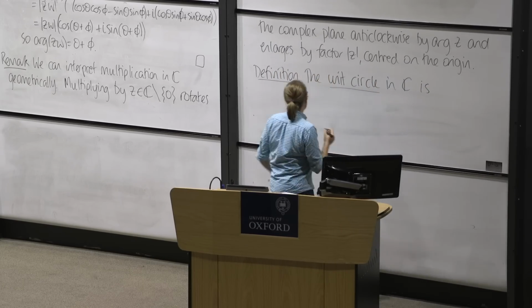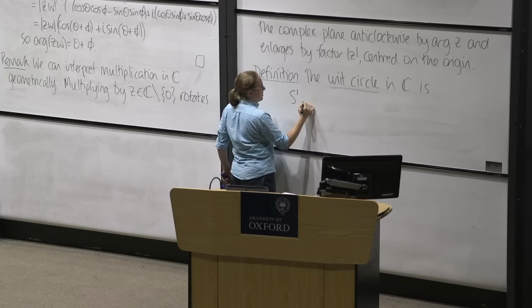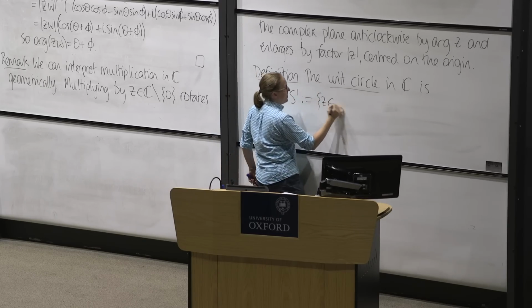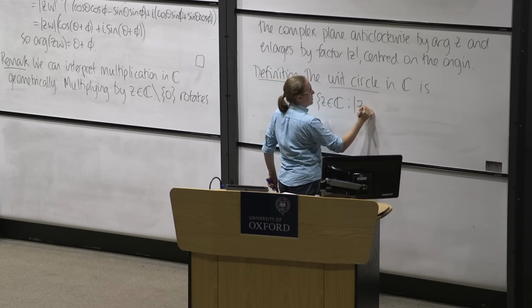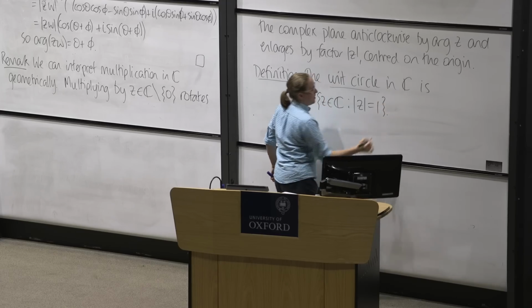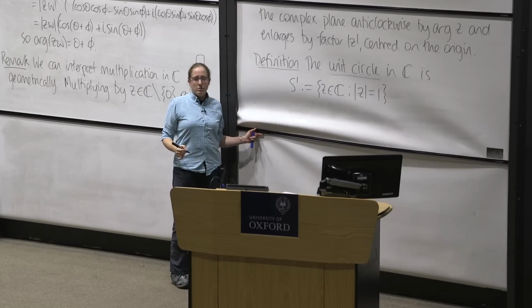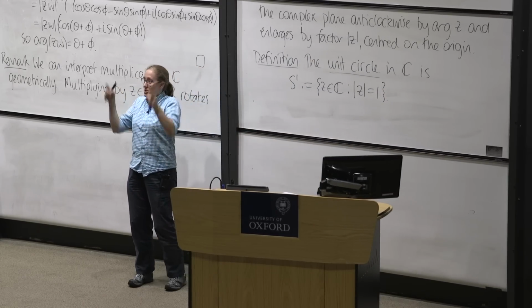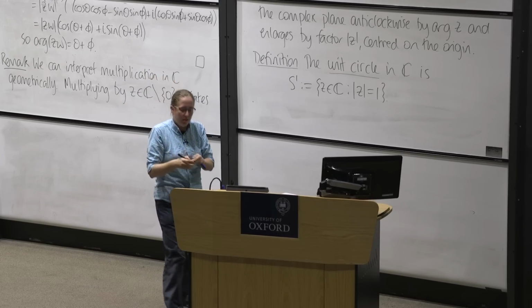But I'm also telling you this because I want to tell you that it gets called S1. And S1 is defined to be the set of all z in C such that the modulus of z is equal to 1. So geometrically, it's a circle of radius 1 centered on the origin.